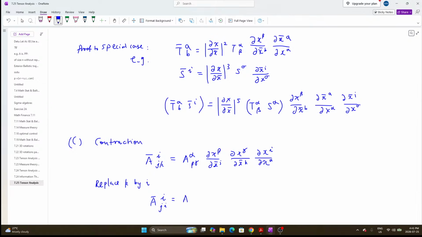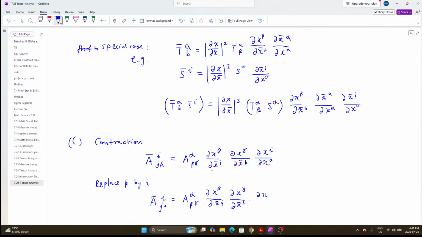On the right, you get A alpha beta gamma, times the partial derivative dx beta over dx bar j, times dx gamma over dx bar k, where k is replaced by i.